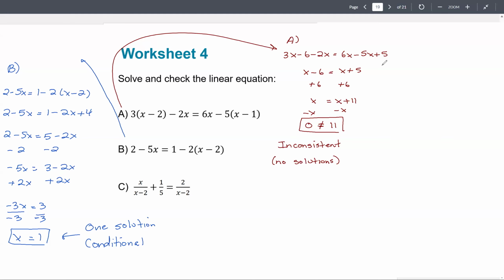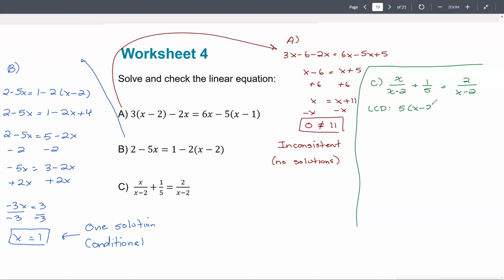And then C, let's see over here. So C, we have x over x minus 2 plus 1/5 equals 2 over x minus 2. So LCD would be 5 times x minus 2.